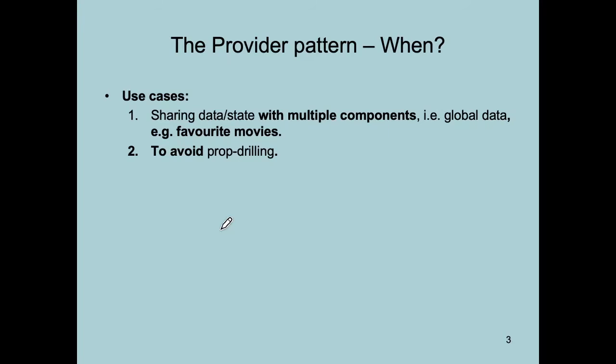So where do we put that data is the question, and the provider pattern gives us a solution to that. The other thing that the provider pattern helps us to avoid is something called prop drilling. And they're interrelated, really. These two are interrelated.